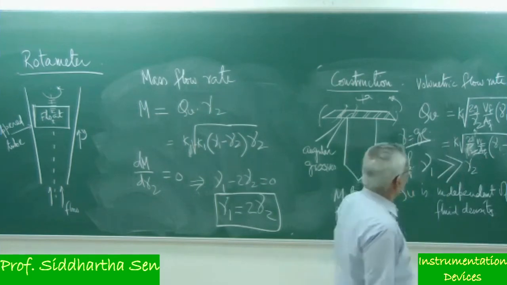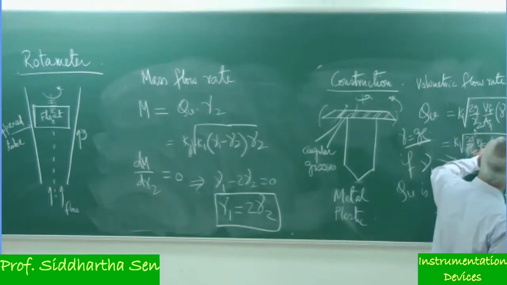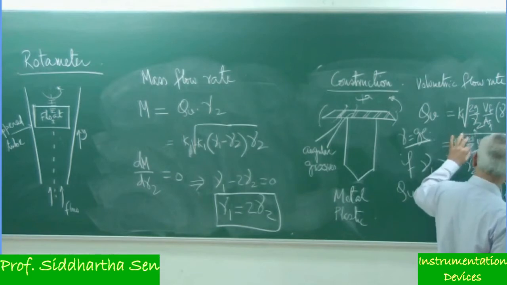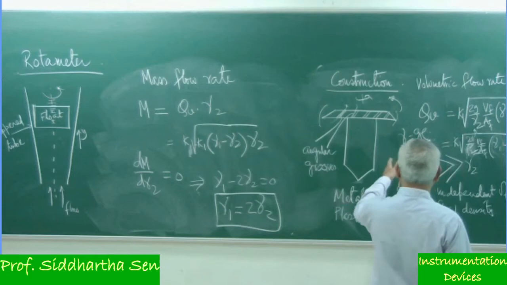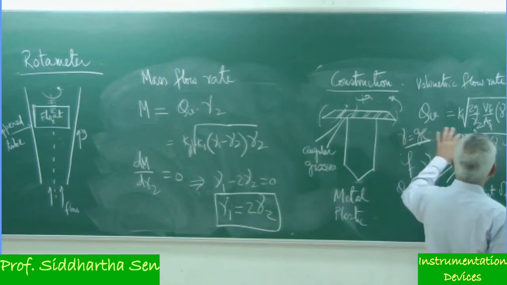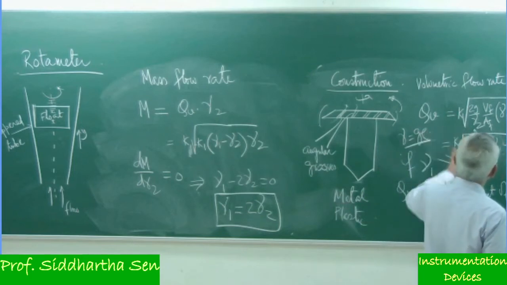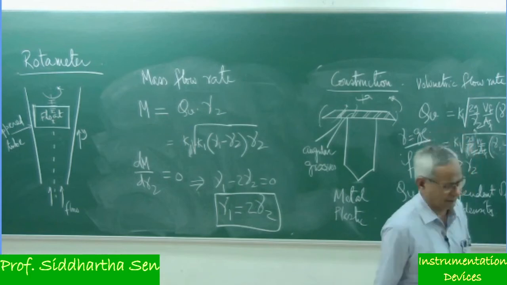In this case, what we make is this gamma 1 very large, and if it is very large, obviously I cannot make del q del gamma 2 equal to 0, but definitely it would be less dependent. That much I can say.